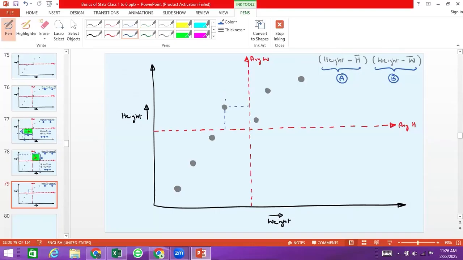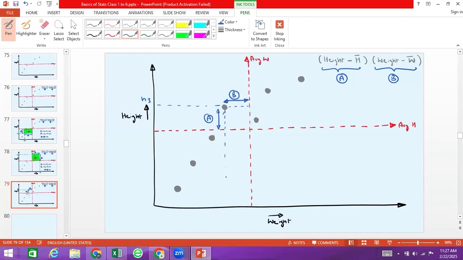Same thing. This is assumed to be B. This is assuming to be A. And this point is H3.